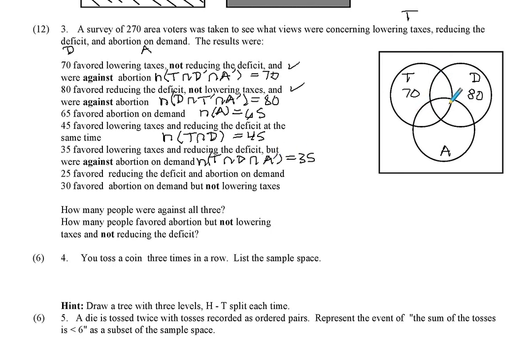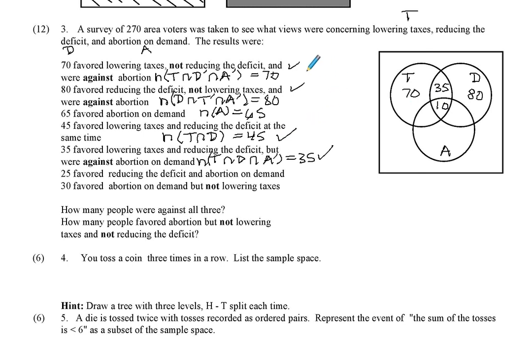So it's the part of this football that's not inside the circle for A. That's this little piece here. So that's got to be 35. So we use that. And then we can go back up here now and we can see, oh, taxes and deficit, that's 45. Okay, that was the whole football is 45. This much is 35, so this has got to be 10 in there. Okay, so that one's used.